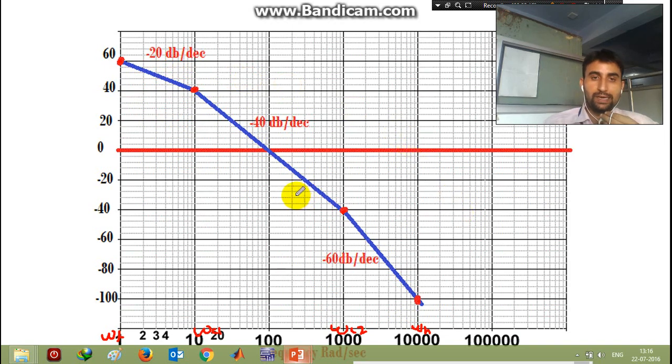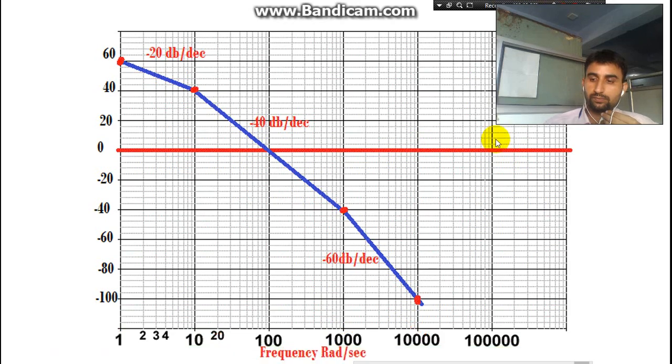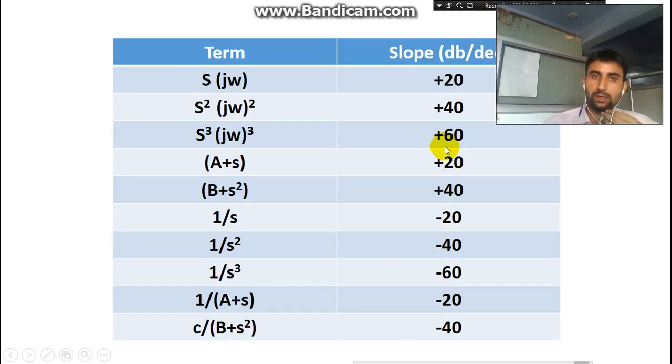Okay, and in the next slide I will discuss how this slope is considered. See here, we have considered terms and their corresponding slopes. So if you are taking terms like s square, these terms are in numerators and these are in denominators.